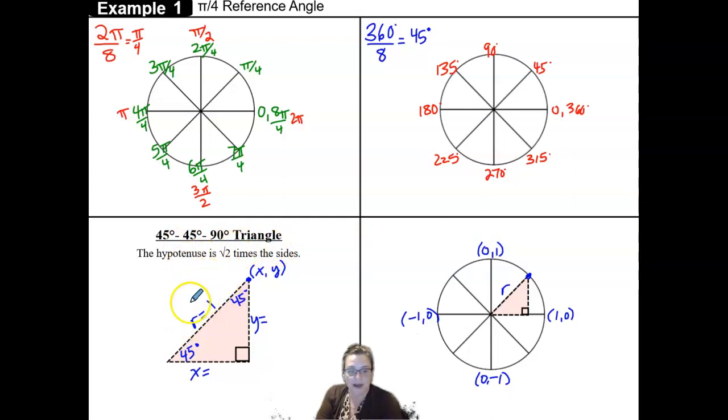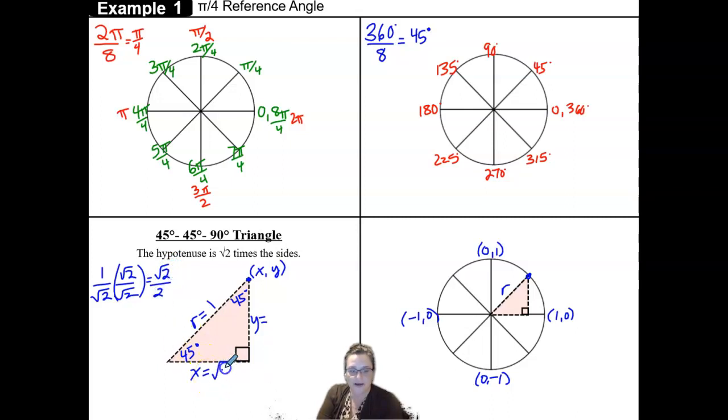So if my hypotenuse is 1, I would divide by square root of 2 to find the length of the sides. And 1 divided by the square root of 2, we have to rationalize that denominator by multiplying by root 2 over root 2, and that gives us a side of square root of 2 over 2.